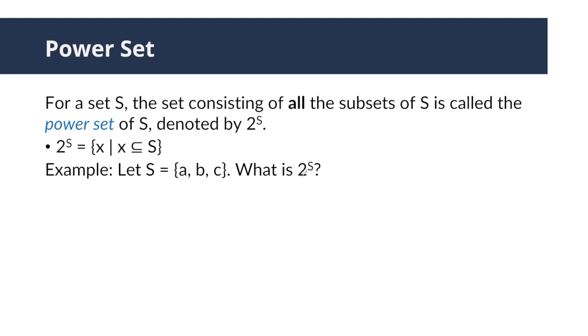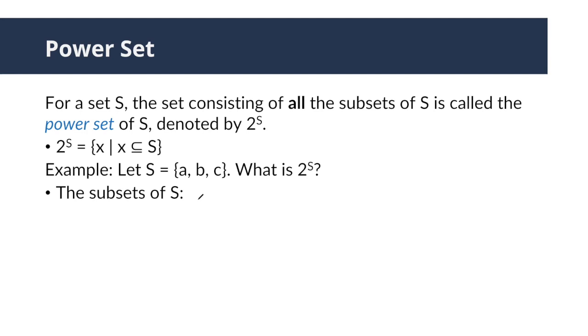You can pause the video and try to write down the power set of S. In order to write down the power set of S, we need to know all the possible subsets of S. Since there are quite a few of them, if we do not want to miss any, we'd better write down the subsets in a certain order. What order can we use? We use the size of the subsets.